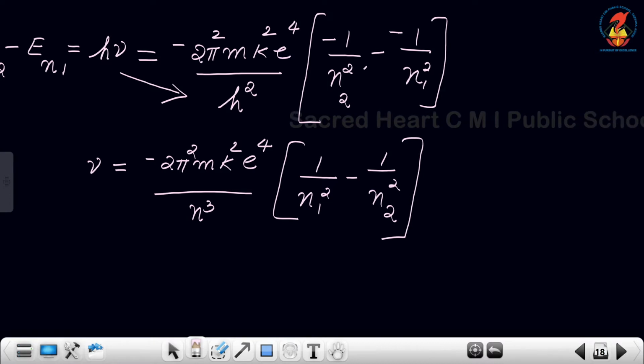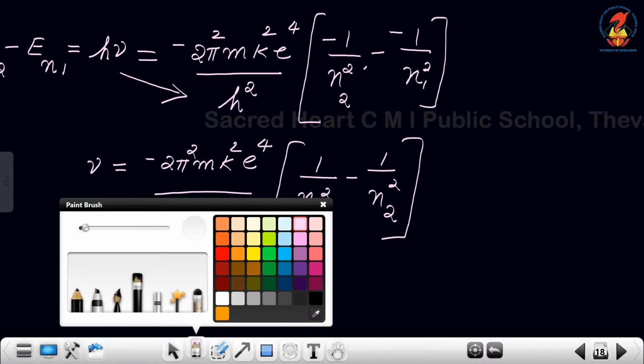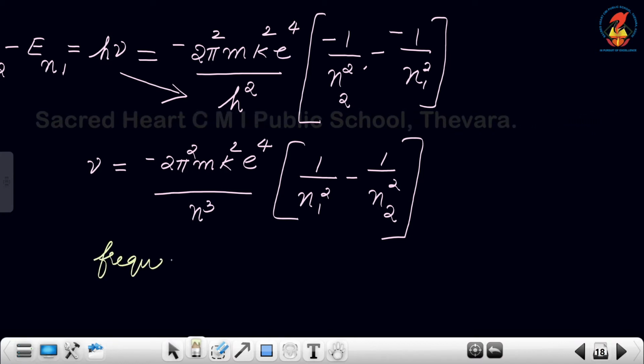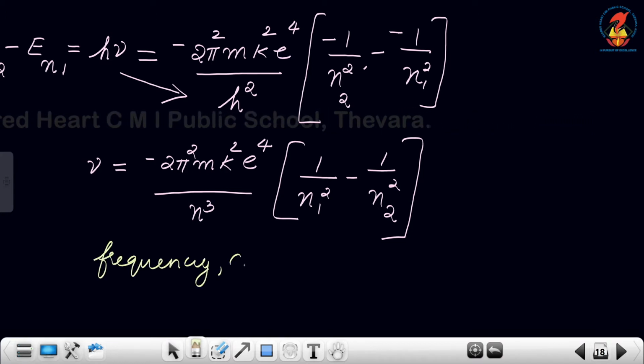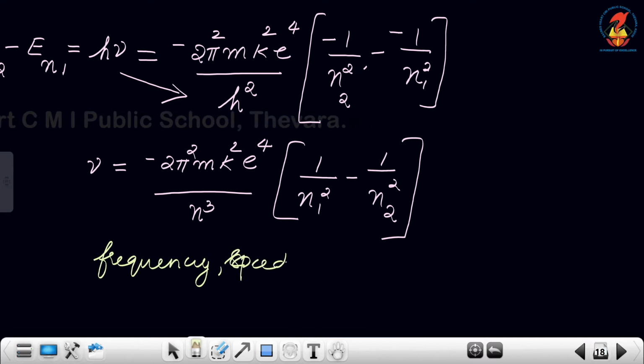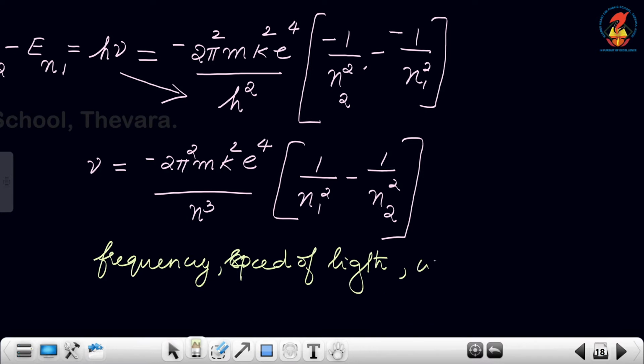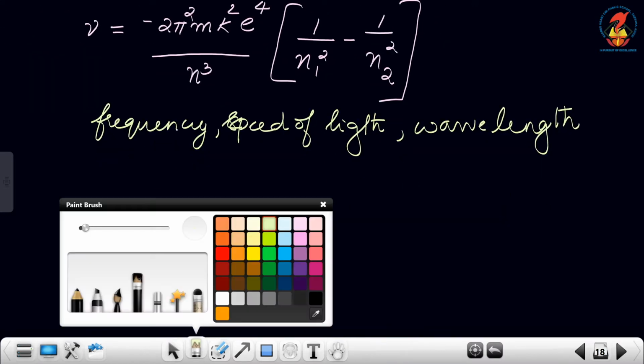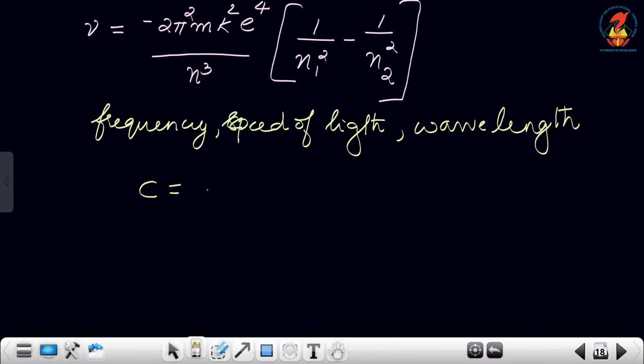So the next step is, we know the relation between frequency, speed of light and wavelength is given by the equation C is equal to nu lambda.